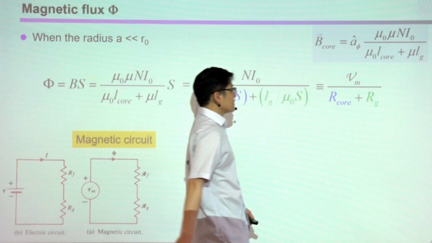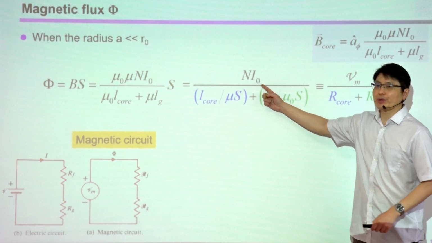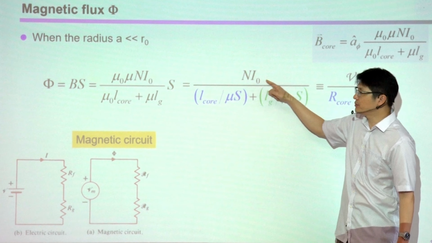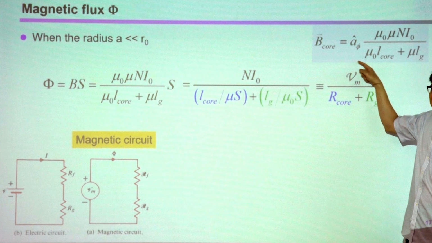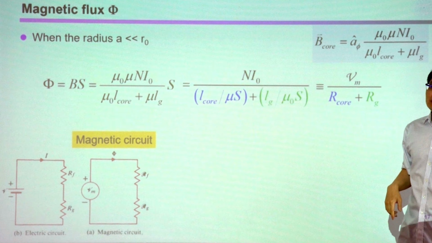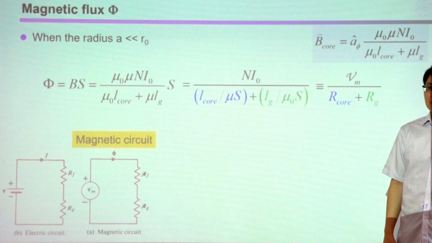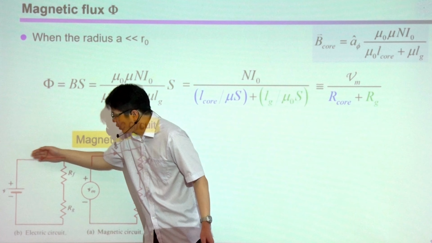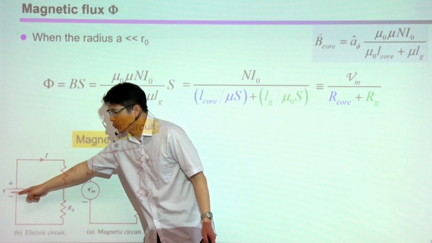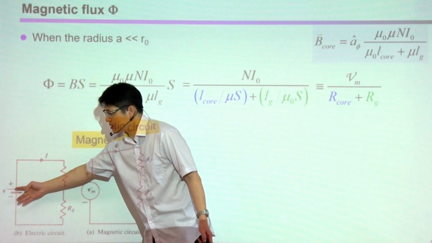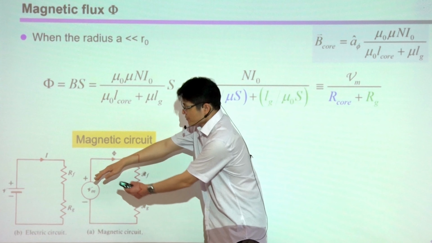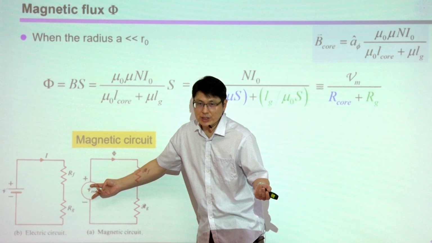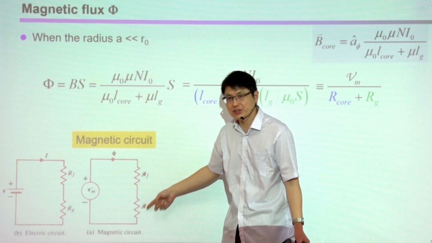So it should be very apparent why we name this N times I0 the magnetomotive force. It's like a source. If you want to drive an electric circuit, you want to have maybe a voltage source so you can produce current. For magnetic circuitry, you want to have some current source to drive the circuitry.